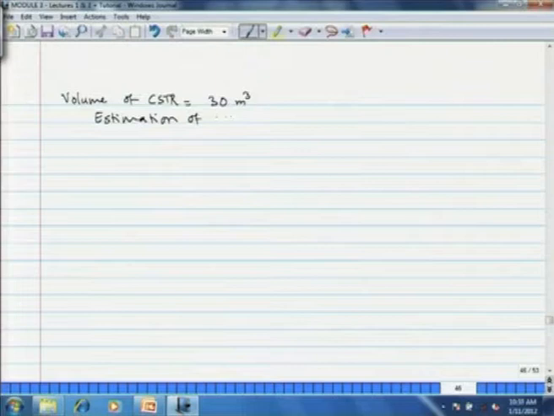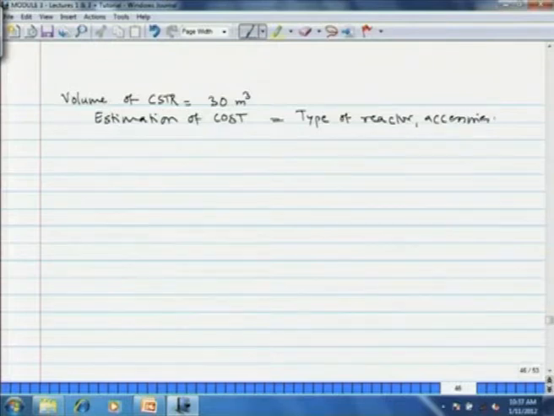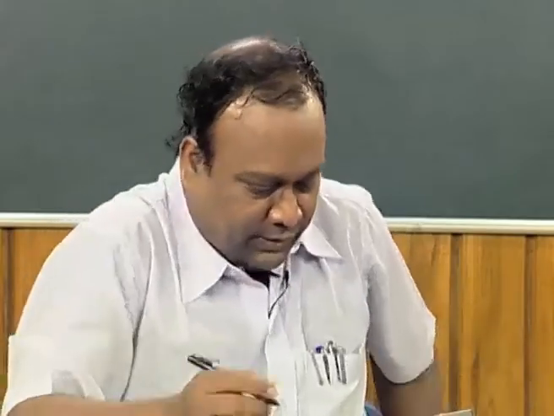Before we do that, we have to select the type of reactor and accessories. Since we are carrying out fermentation, we have to go either for a stainless steel reactor or a carbon steel reactor with some lining for prevention of erosion, let us say glass lined. Then it has to be a jacketed reactor to control the temperature, and it should have sufficient mechanical agitation. So that point we note here.